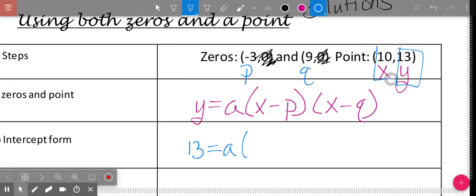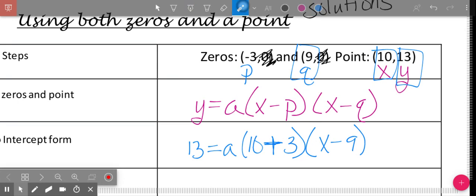Our x value is the 10 minus my p, which was a -3. But what happens when we subtract a negative number? That's right, we're actually adding, so I can change that to a big plus sign. And then x minus my q, which was 9. Oh, not x. Silly Mrs. Mariani. That shouldn't be an x. We said our x value was a 10, so that should be 10 minus 9.